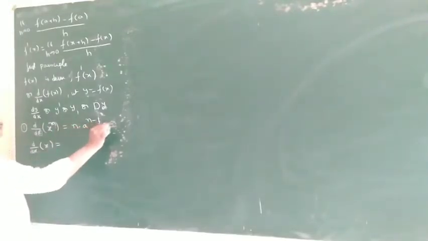Algebraic means things like x square, and polynomial means a1 x power n, so both are the same. From the derivative of x power n, we have to find the derivative of x. How to find it? By using the formula.